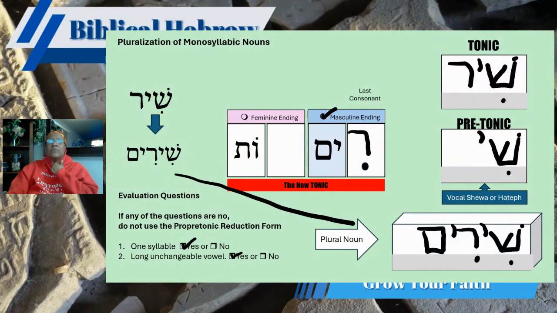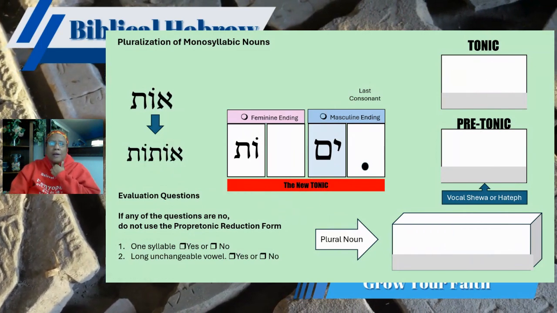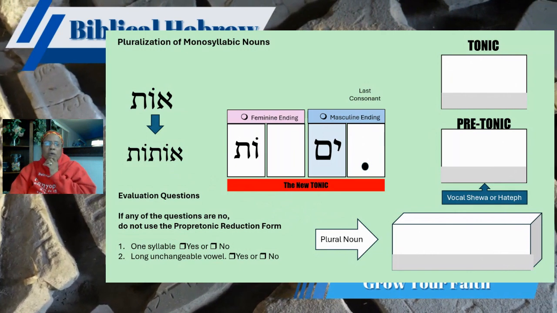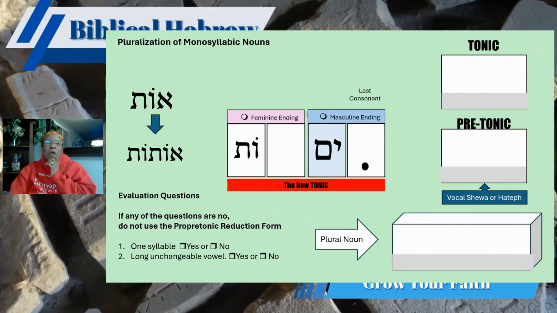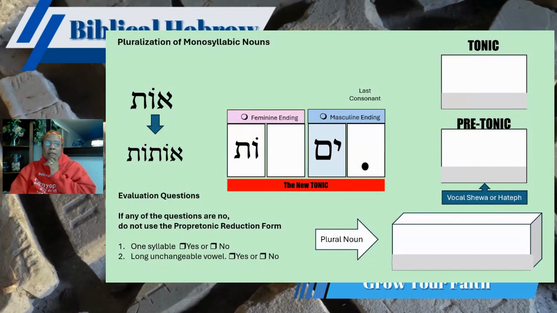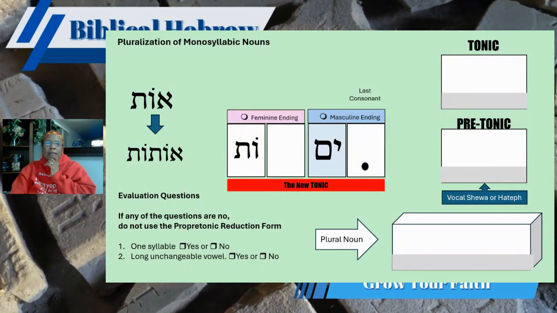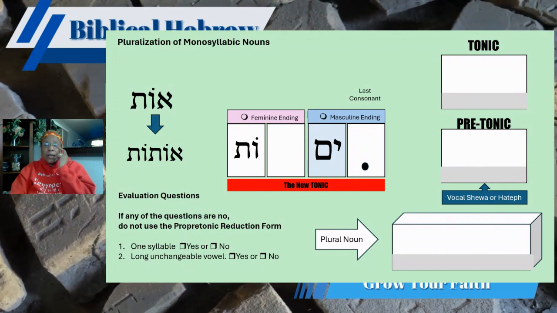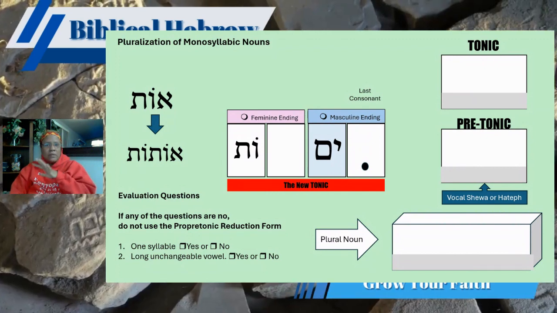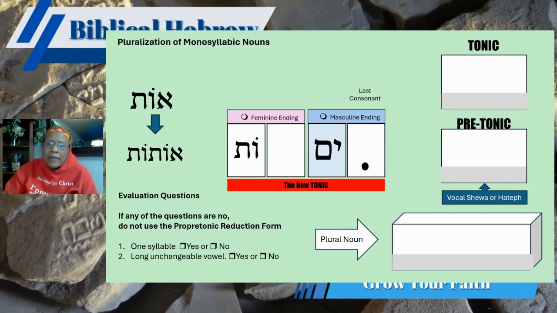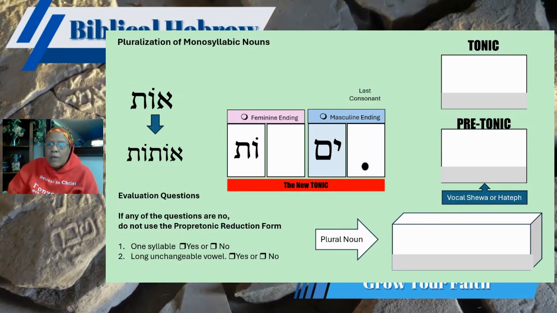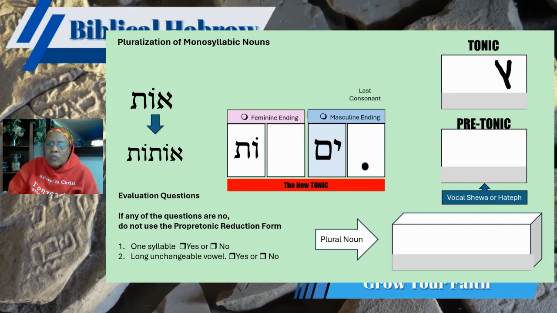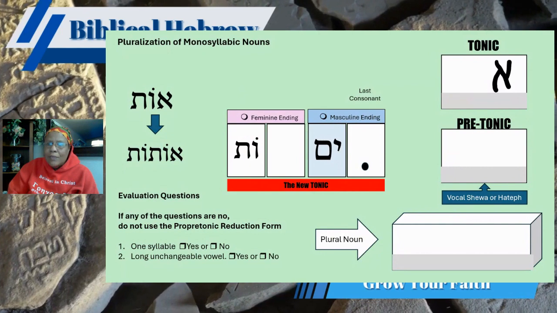Okay, let's go to the next form. We're going to transform this feminine word ot to otot. It does have a feminine ending, the tav. Looking it up in the lexicon, it does show that it does take a feminine ending. So I'm going to use my form here, write out the first initial letter, the first radical, which is the aleph.